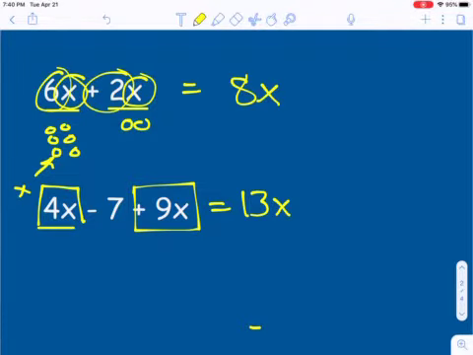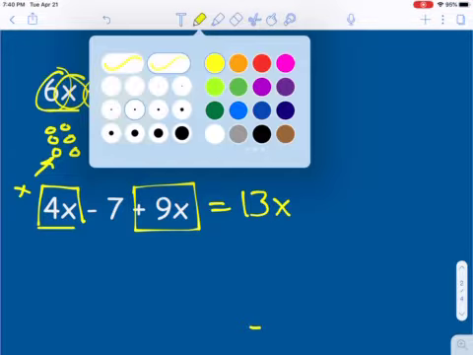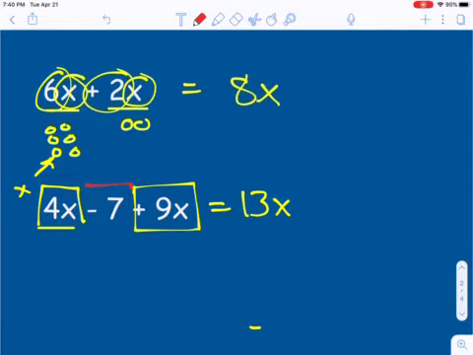Now you notice that I couldn't do that if these variables were different, but because this x and this x are the same thing, I can do it. And then I'm left with this -7. That -7 just stays by itself and goes off on the outside, and then it's about as simplified as it can be.